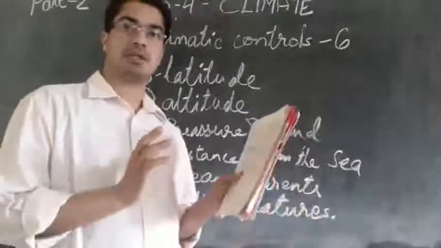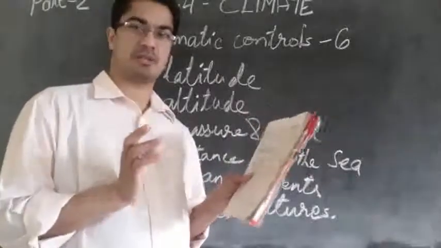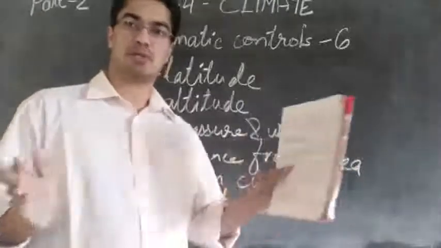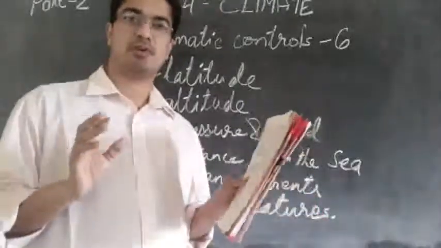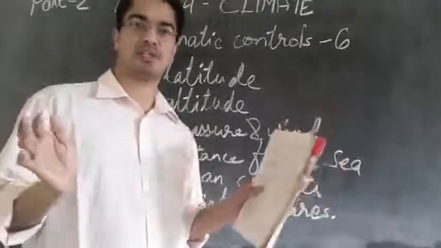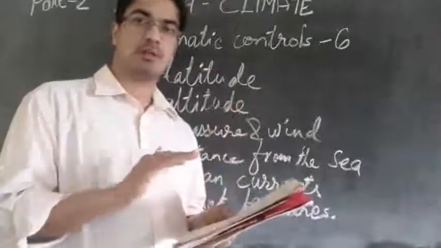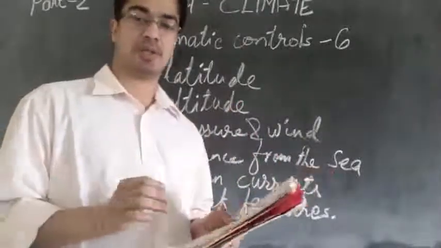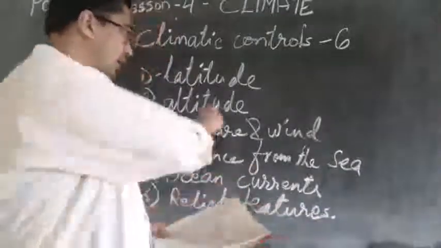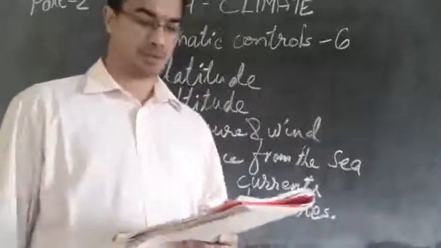As we go towards both polar regions, the amount of sunshine they receive becomes less and less. That's why it is always covered by snow. But near the equator, we receive very high temperature. That's why the latitude, the location of the place, matters.